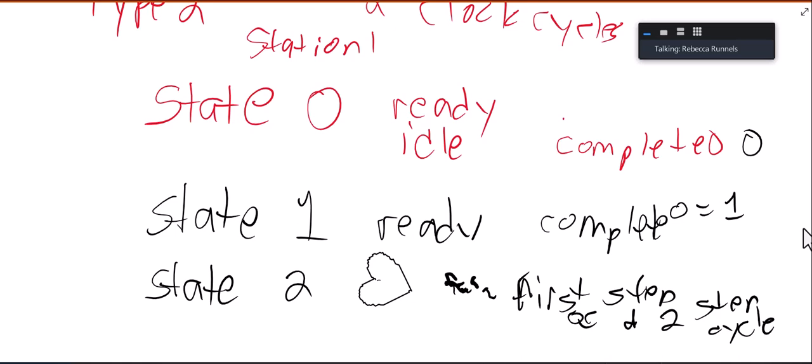So that means it did not complete, so complete 0 equals 0. It did not complete, and it's not going to be ready. Okay, so let's do a little bit more work with this.